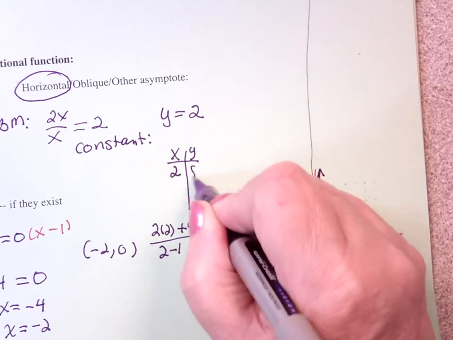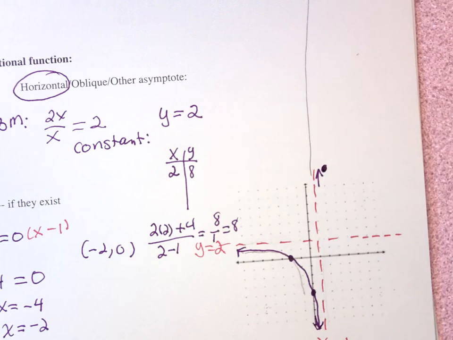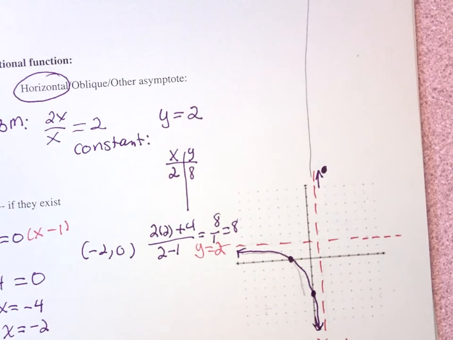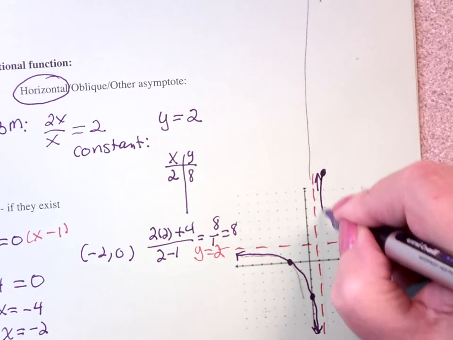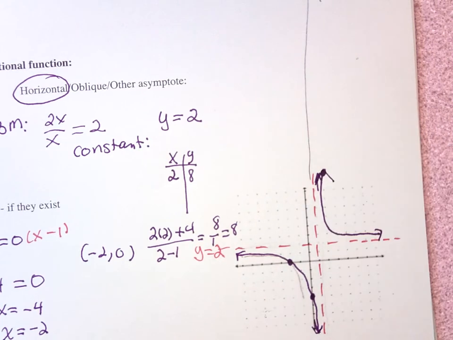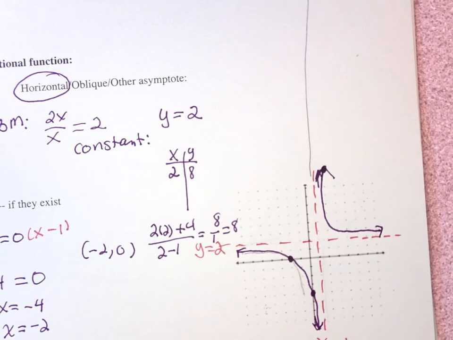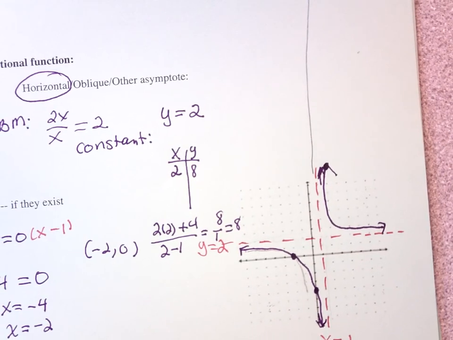So that says if x equals 2, y equals 8, the point is up here somewhere. That tells you that's where the graph is. Now we're just sketching. If I wanted a more accurate graph, I'd have to plot more points. But that's what he looks like.